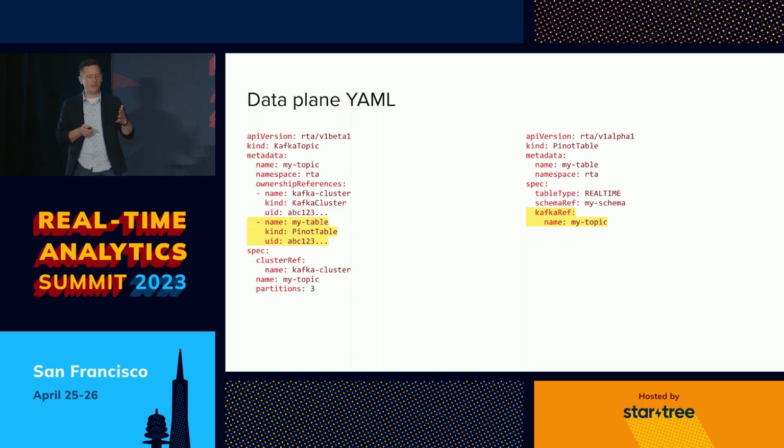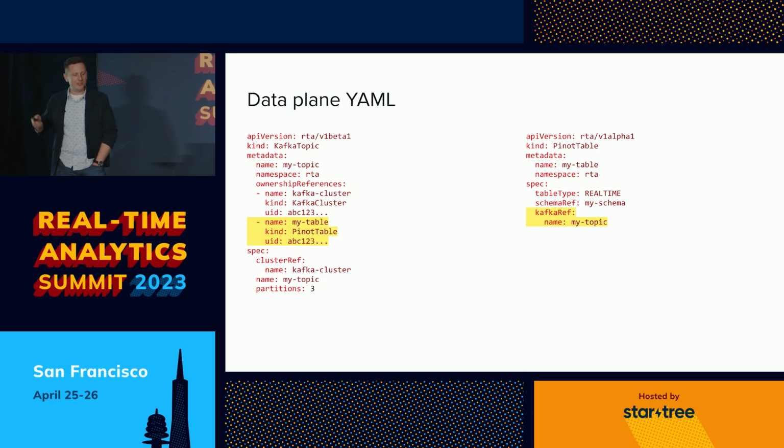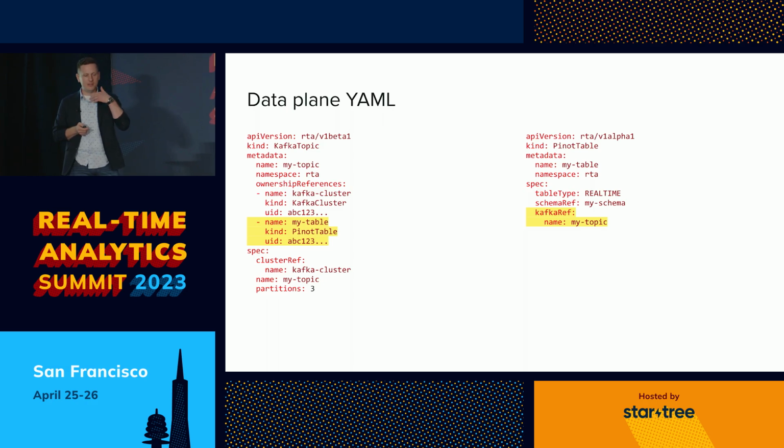Same idea as I had with Flink tables, but expanded ad nauseam, right? And you'll also see ownership references come up again here. Notice that the Kafka topic is owned by the Pinot table. I'll show why that matters in a bit, but these are concepts native to Kubernetes.